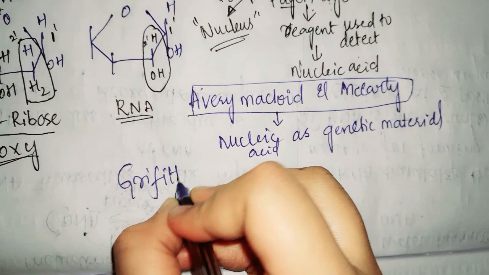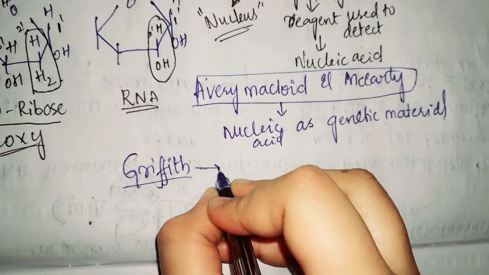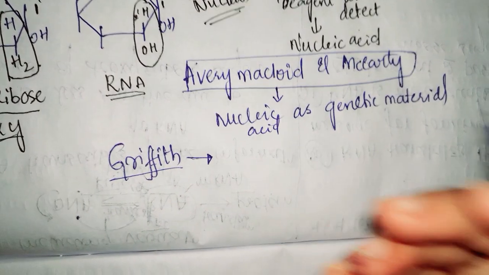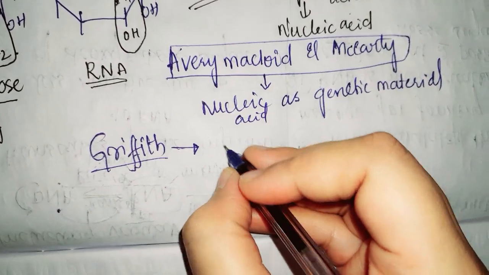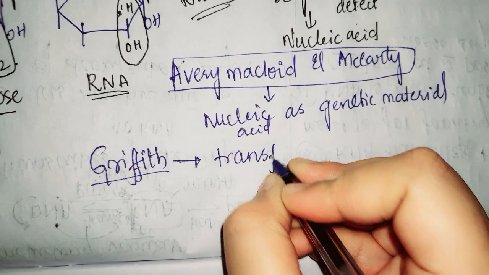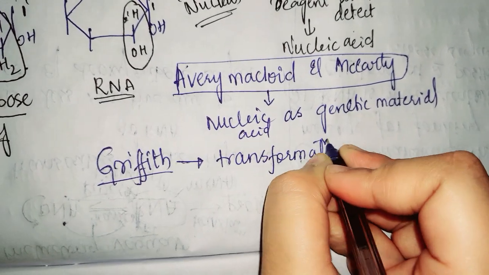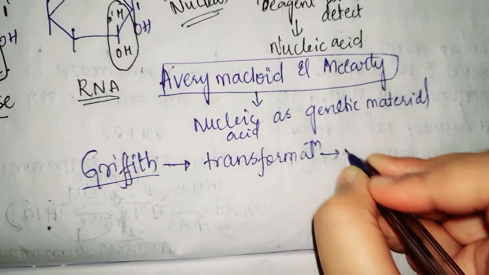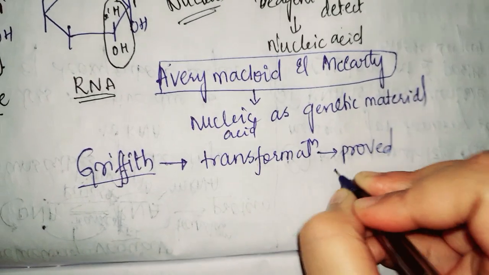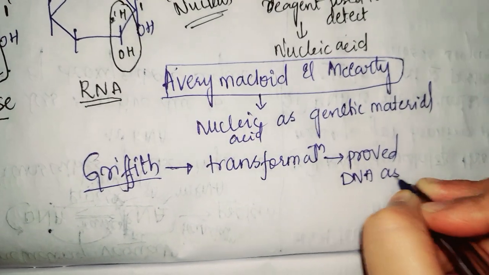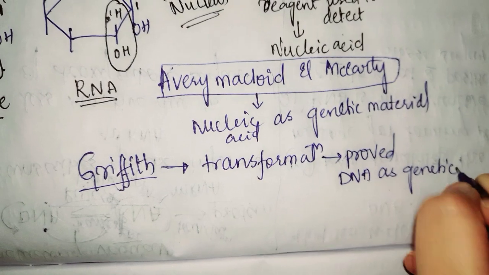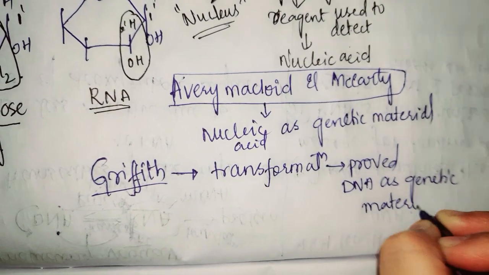You know what he did? He took mice and injected S strain and R strain, and with the transformation principle, he proved DNA as a genetic material. That's it. So he proved DNA as the genetic material.